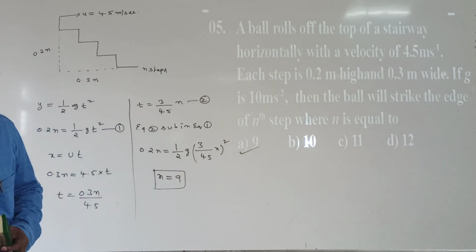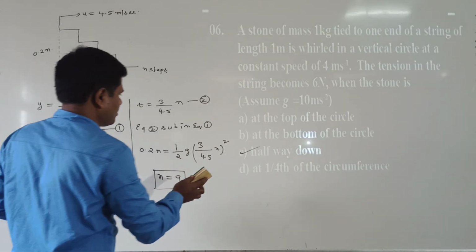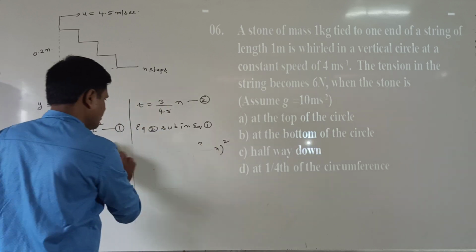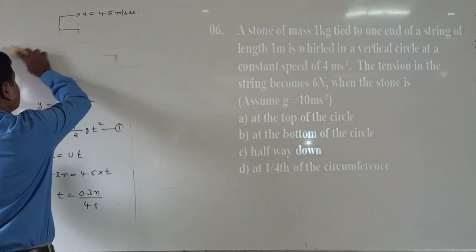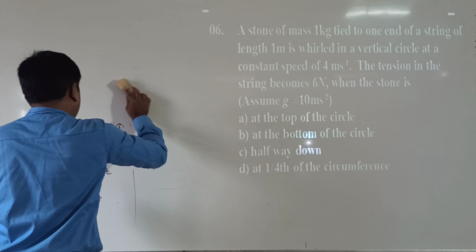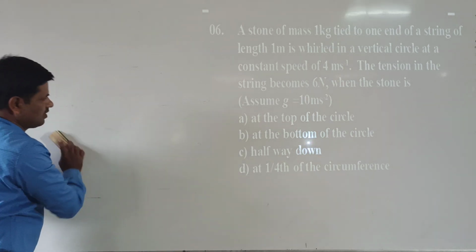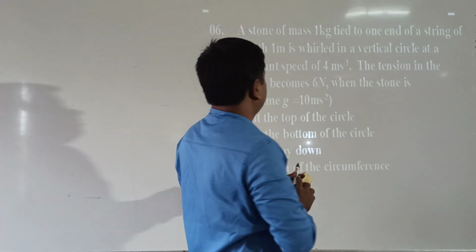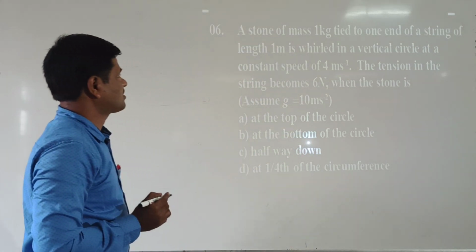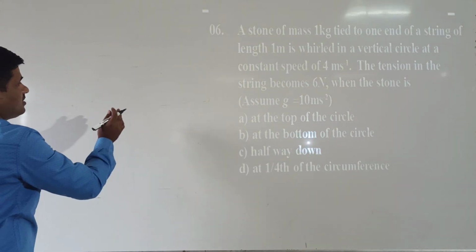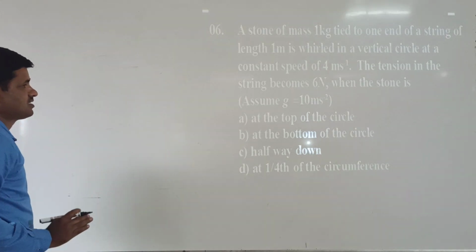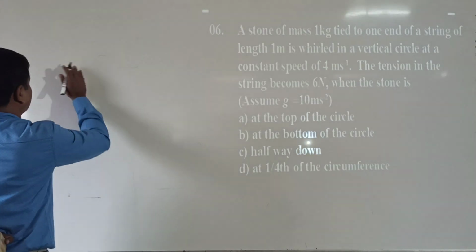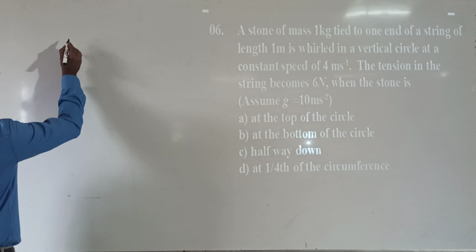Next we come to the sixth question. What is the sixth question? See here. A stone of mass 1 kg is tied to one end of a string of length 1 meter, moving with a constant speed of 4 meter per second. The tension is given. Now this is a vertical circular motion problem.